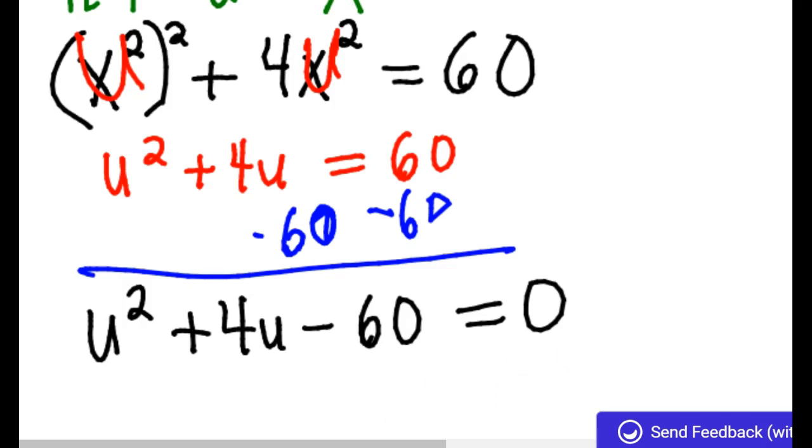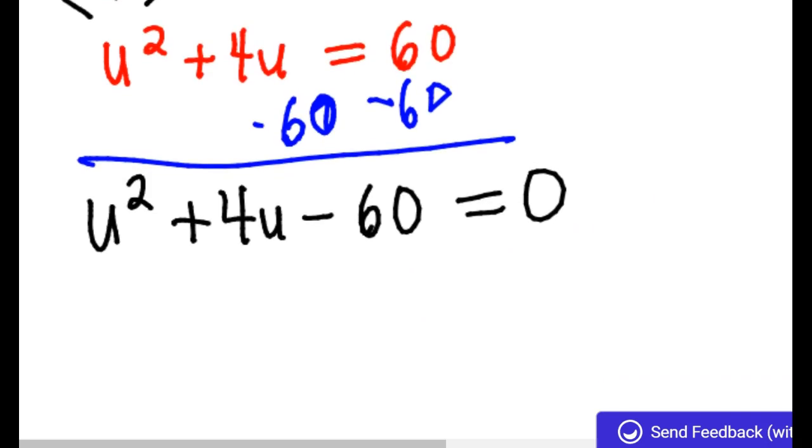We can see if it's factorable, and we can use the quadratic formula if it's not. Remember, the quadratic formula works all the time, while factoring only works if the quadratic is factorable.